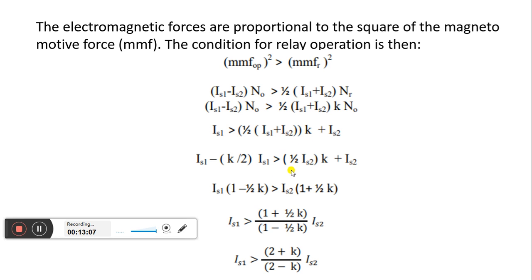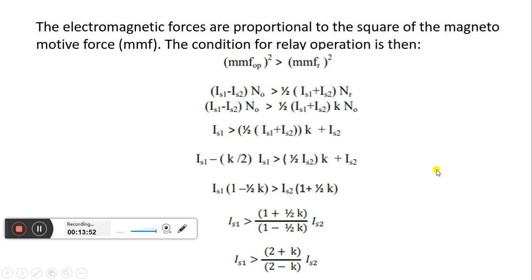Or IS1 minus K by 2 IS1 must be greater than half of IS2 K plus IS2. If we rearrange further, finally we get IS1 must be greater than (1 plus half K) upon (1 minus half K) into IS2. Or we can write that IS1 must be greater than (2 plus K) upon (2 minus K) into IS2. So this is the condition for operation of this percentage based differential protection relay.